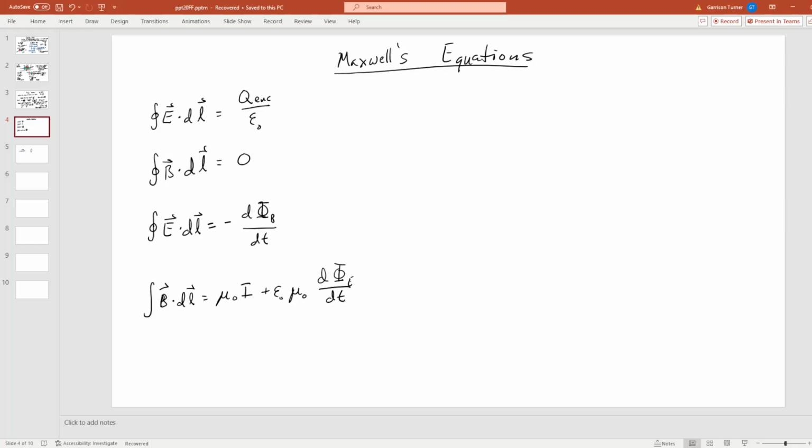We now make a few introductory comments about Maxwell's equations, and then we'll discuss the issues of radiation pressure and momentum. But to start, let's look at these equations. Now, Maxwell did not derive these equations.